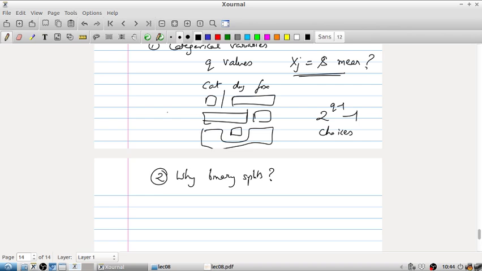There is also another question. Why is xj equal to s the split? Why should I split R0 into R1 and R2 with just xj and s, for some j and s? Why can't I use the sum over j equal to 1 to p of aj xj equal to s as the split?